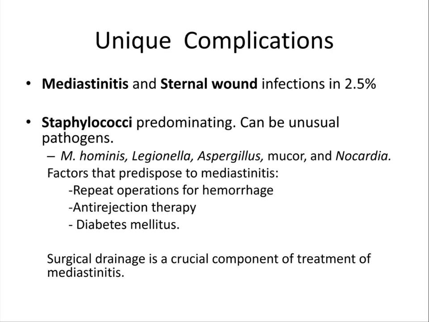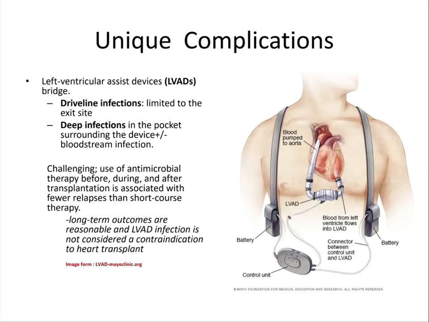This is seen even more if they had repeated operations, increased anti-rejection therapy, or they're poorly controlled diabetics. If mediastinitis is suspected, you need to involve the surgeon, because a big component is, of course, source control and getting really good OR, micro and path.